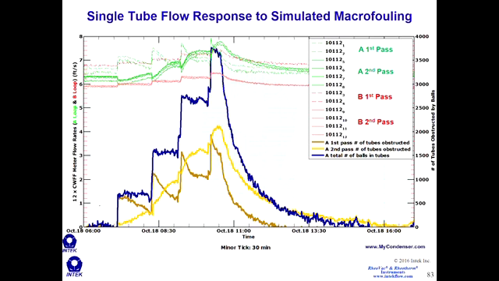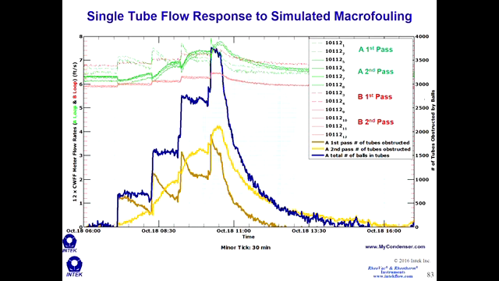So here on this graph, the flow rate is shown on the left y-axis. That axis corresponds to all of this data up here, the thin green and thin red measurements from each individual flow meter that was installed on the tube sheet.